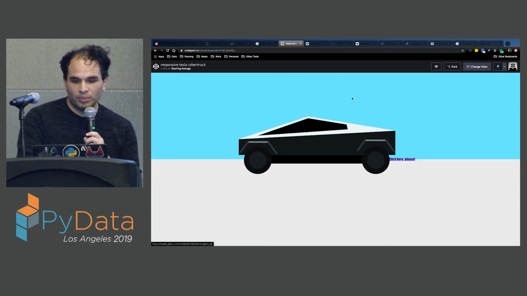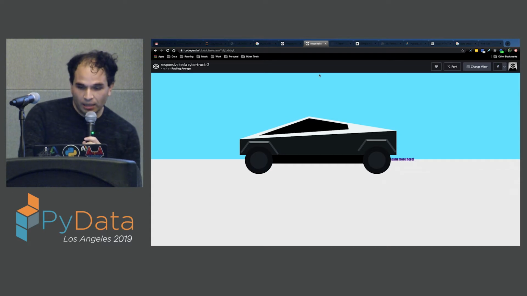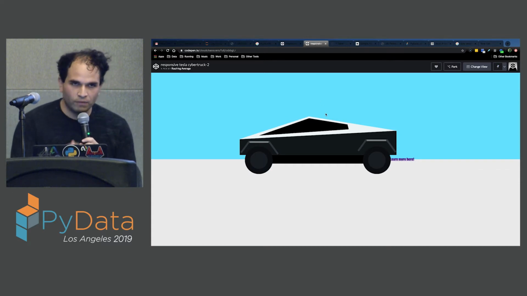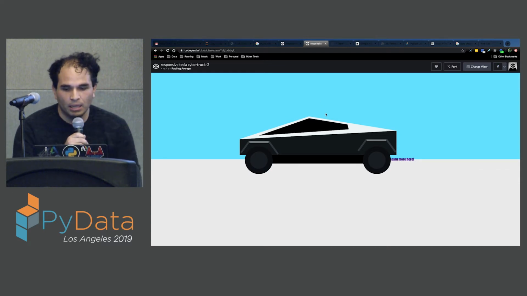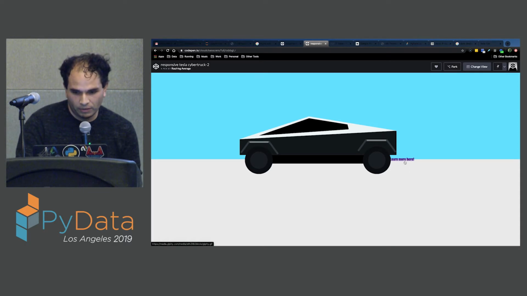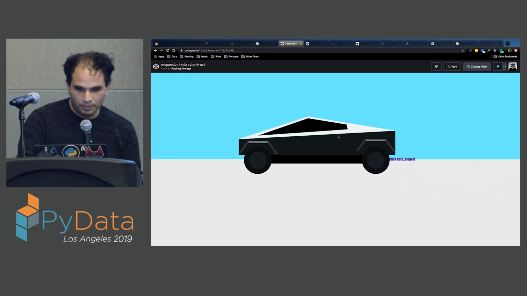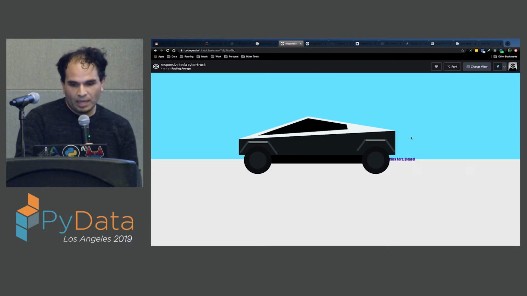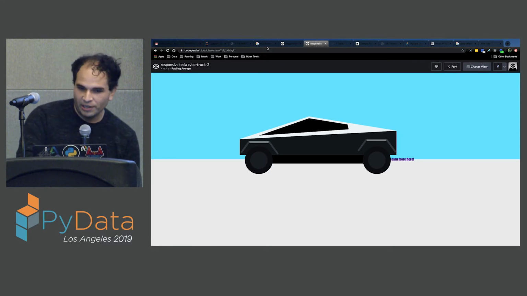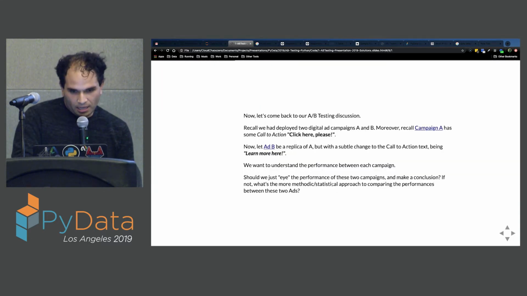The call to action here would be "click here, please." And then for campaign B, you would have a similar style of ad, but in the text or call to action, it would say "learn more here."